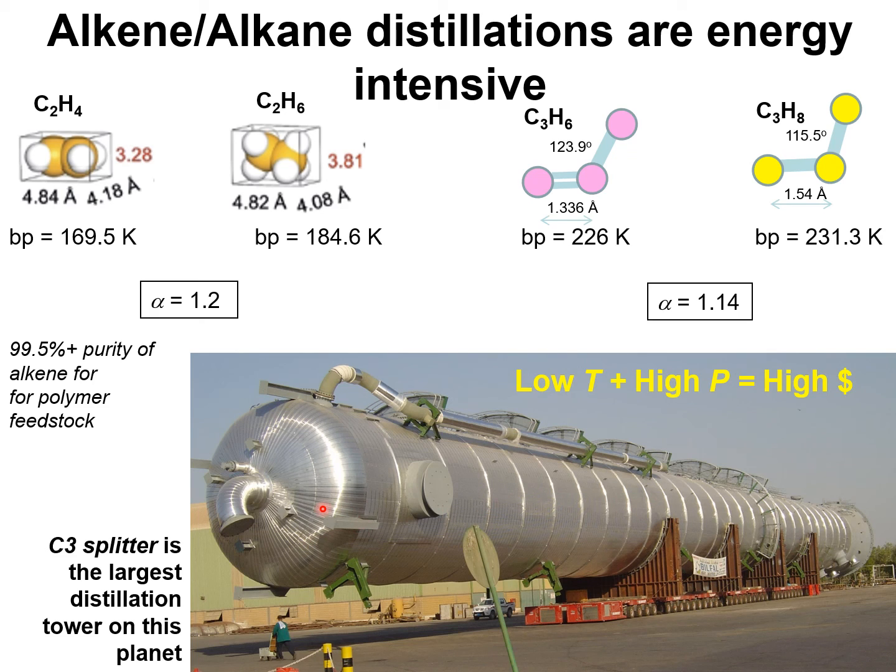They operate at reflux ratios of about 15, contain about 100 plus distillation trays, and in view of the large capacity of such units, the column diameters can range up to 20 meters, and the column heights are about 75 meters.